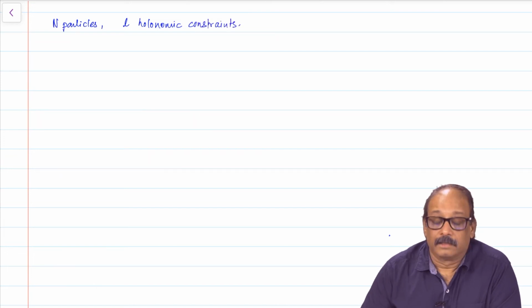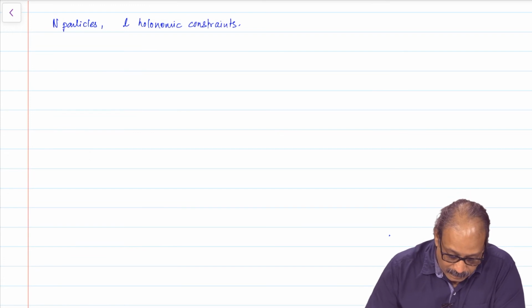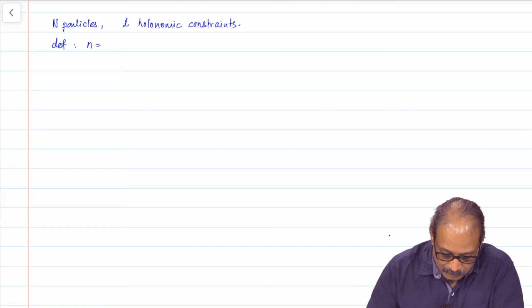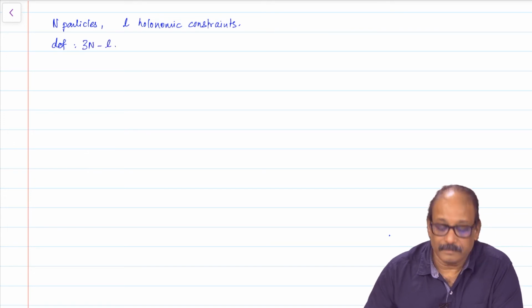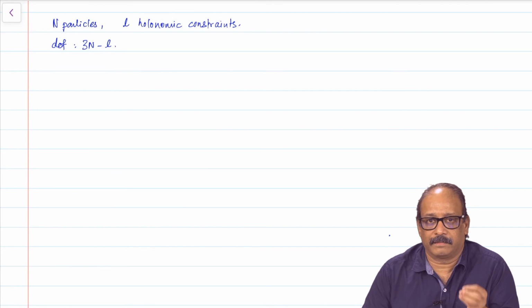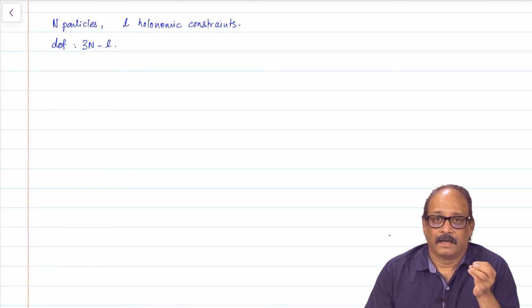So, the net degrees of freedom would have been 3N minus L, and I would have used 3N minus L generalized coordinates.